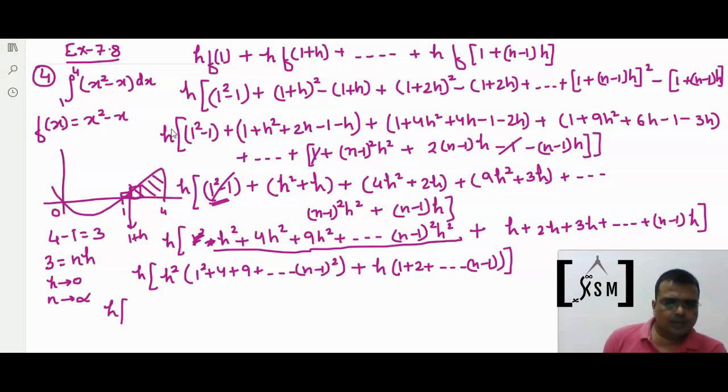Now we have h square. This is the sum of squares of n minus 1 natural numbers, so I am using the formula.